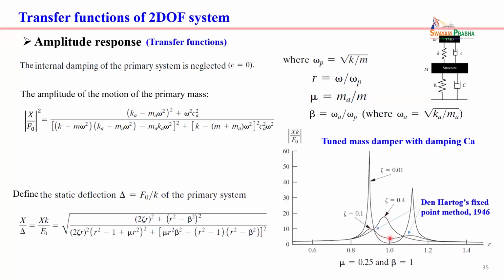So this is Den Hartog's tuning rule. He published a paper in 1946. So this is the fixed point: when you change the damping ratio, you find that these two points are fixed, always like that. And then he developed a way to minimize the two points. So this is Den Hartog's tuning.